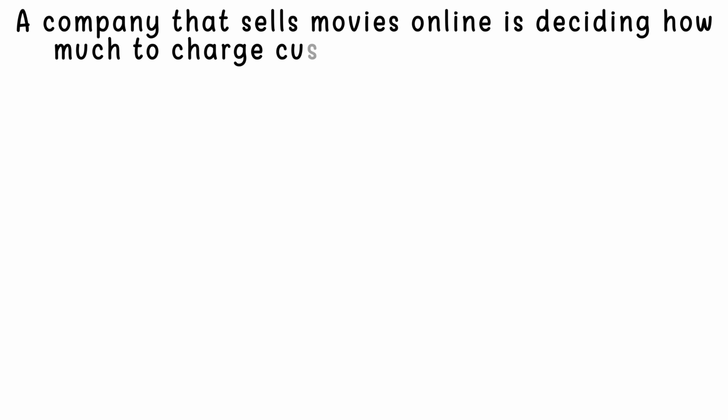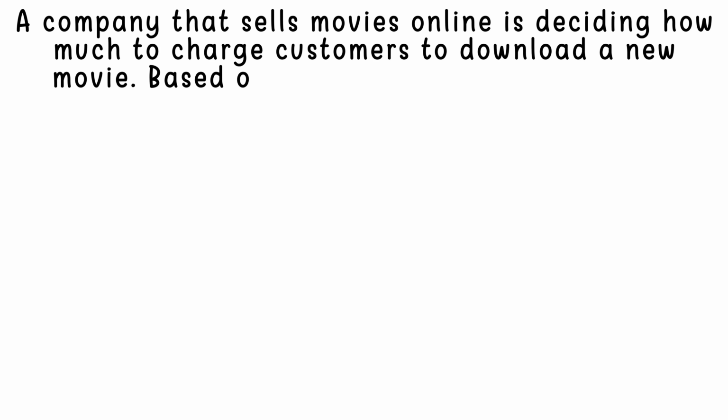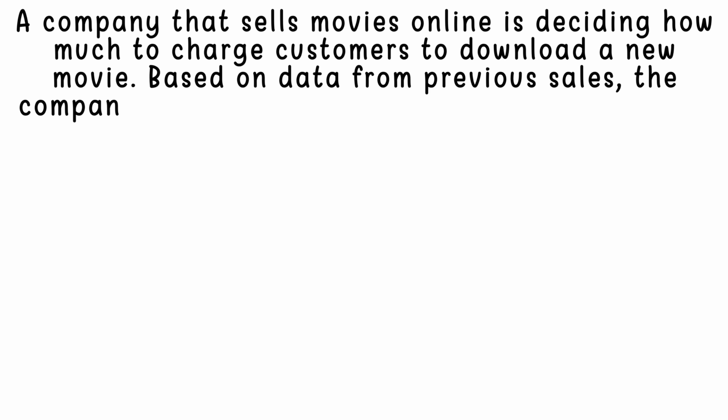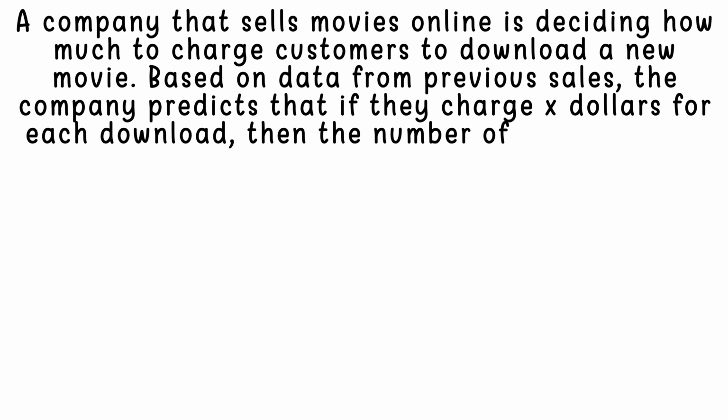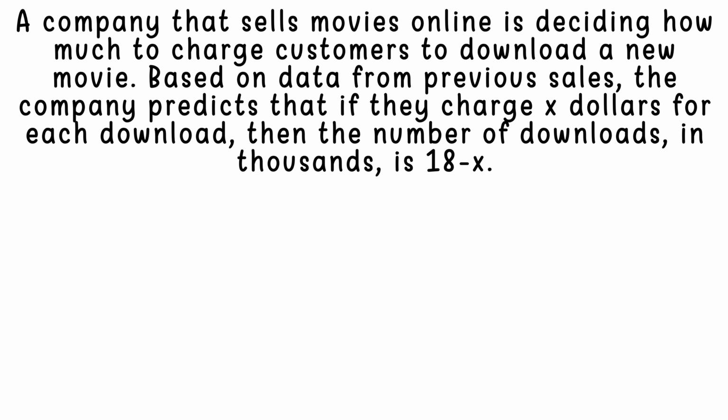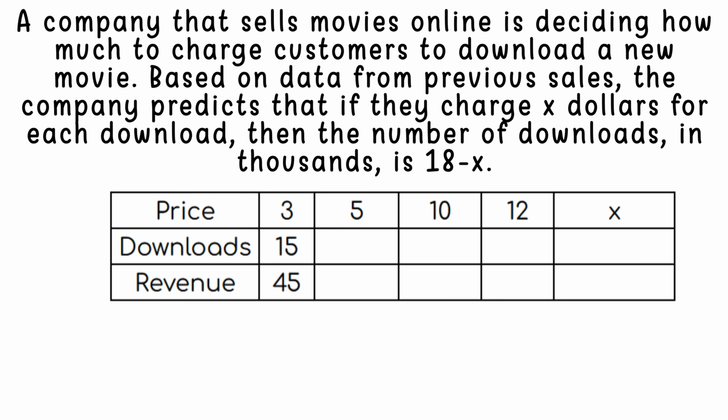A company that sells movies online is deciding how much to charge customers to download a new movie. Based on data from previous sales, the company predicts that if they charge x dollars for each download, then the number of downloads in thousands is 18 minus x. So we'll use this situation to fill out this table. So we're given the price, and we'll determine how many downloads will be downloaded, and then the revenue based on that.